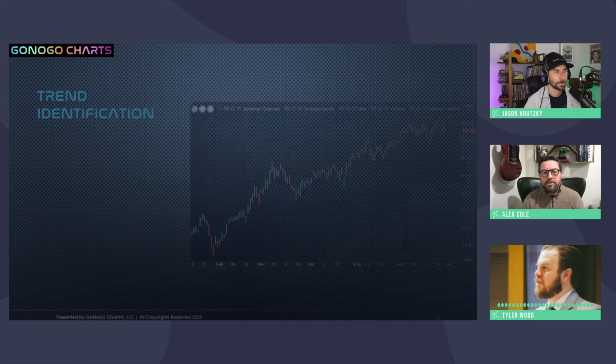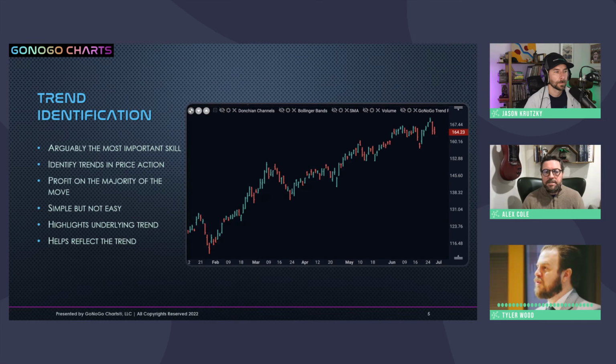Yeah, and I think it's important to note this is arguably the most important skill that we have in our industry. If you can identify a trend in price action, then you can profit from the majority of the move. Now, we like to say that this is simple, but it's not easy. But what you want to do is try to identify first, visually maybe, whether anything is happening on the chart.